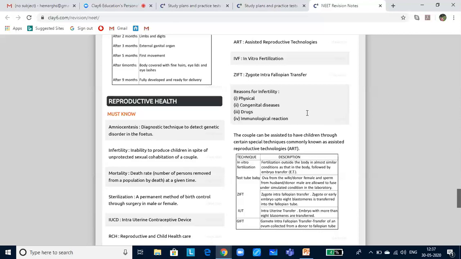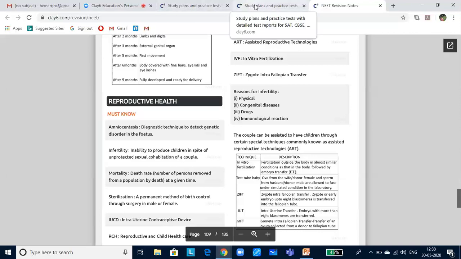Even in ultrasound scans you will be able to identify the sex of the child, but it is strictly restricted, and the sex of the child will not be revealed by the technician till the date of delivery, because it has been misused by many people who are only behind male children, thus skewing the sex ratio in the society. So these are the important concepts which you have to learn in this chapter.